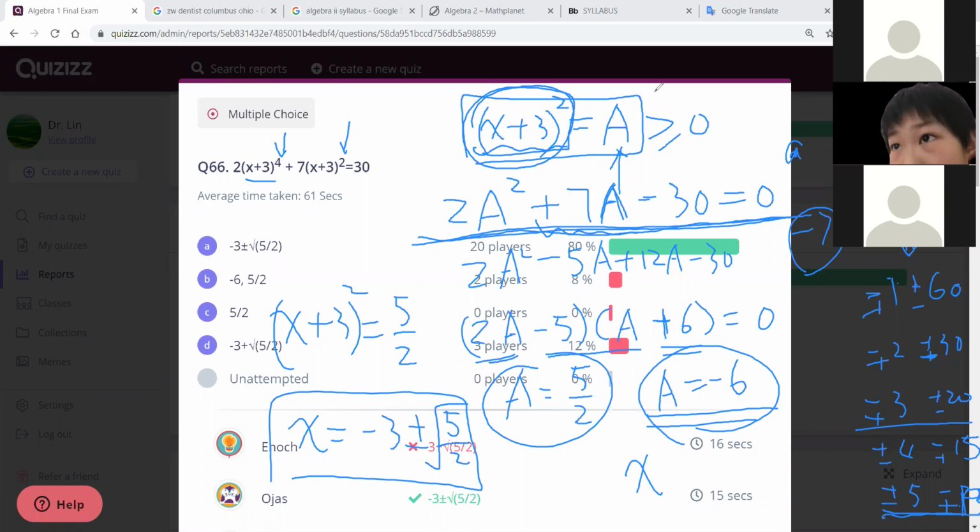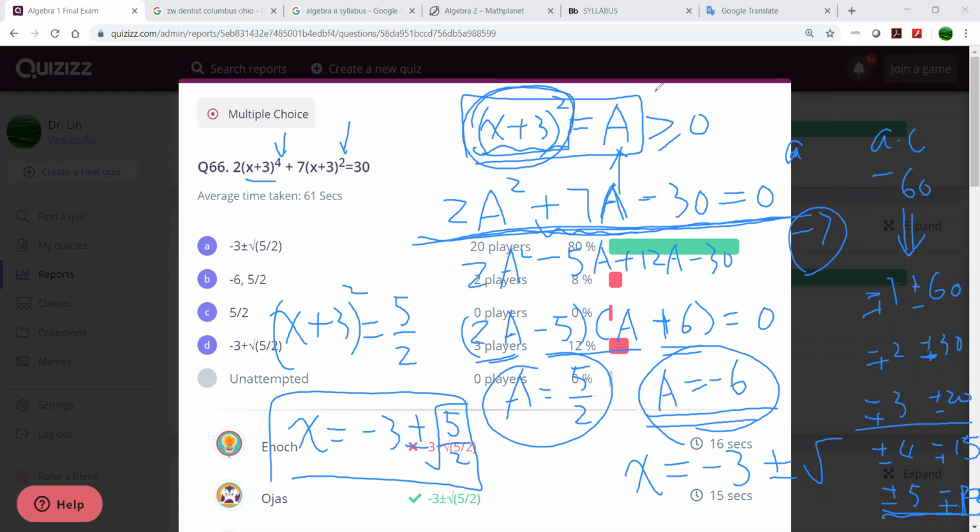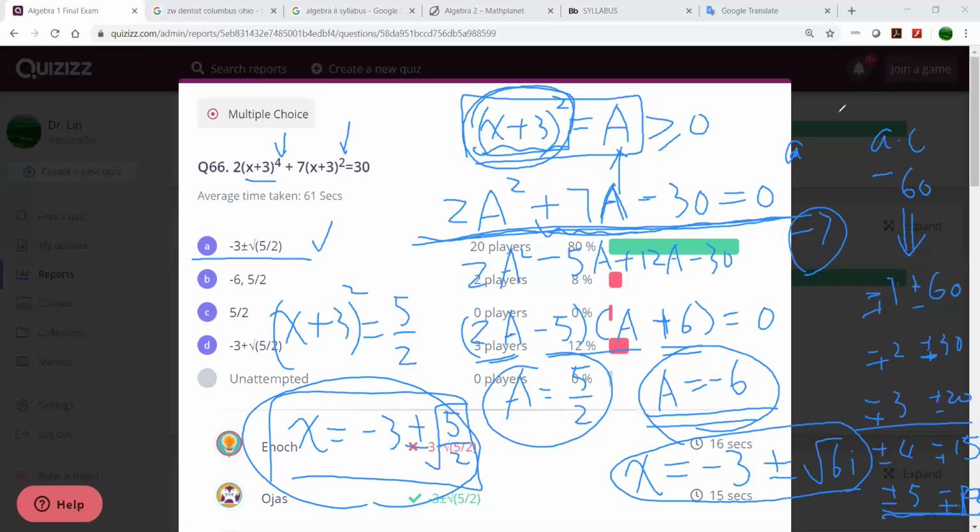Actually, if this one equals plus or minus square root of 6 times i, right? So if they provide this answer, it also works. Actually, if they provide this answer, since we most recently learned complex numbers, this one also works.